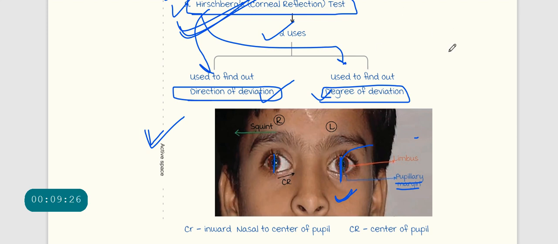Assume this is the pupillary margin and this was your limbus. We passed a straight line through both these circles, and what happened when we throw the reflection? If the reflection is over here, then this is normal. If the reflection is somewhere else, like here or here, then there is a divergence. Okay, very simple test.